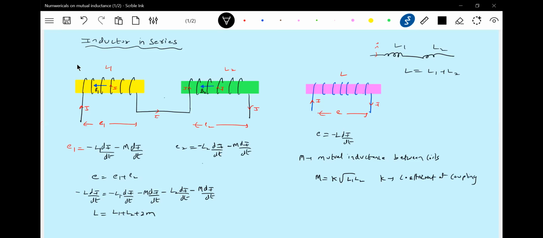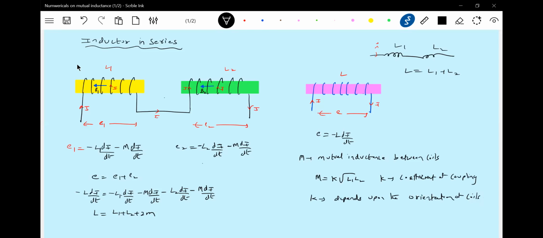K depends upon how the coils are oriented. So again, K depends upon the orientation of coils. This will be a very difficult quantity. We should only know the formula.